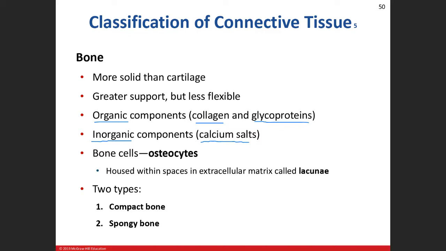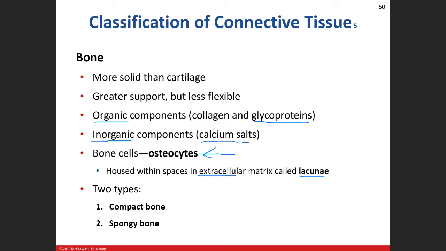The predominant type of bone cell, or the mature cell, is the osteocyte. Similar to the chondrocyte, it lives in little lacunae, which are little spaces or chambers throughout the bone, or what we call the extracellular matrix.